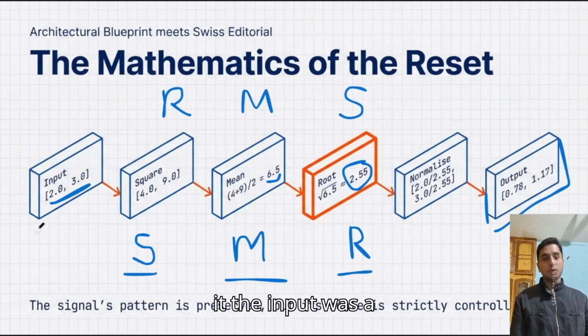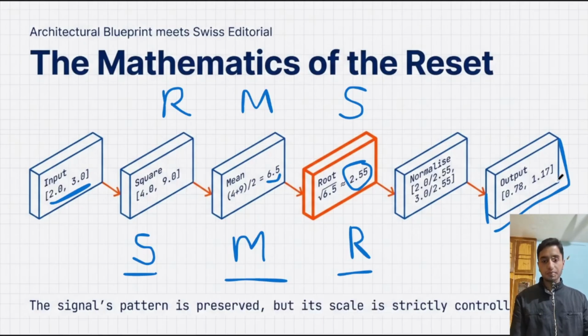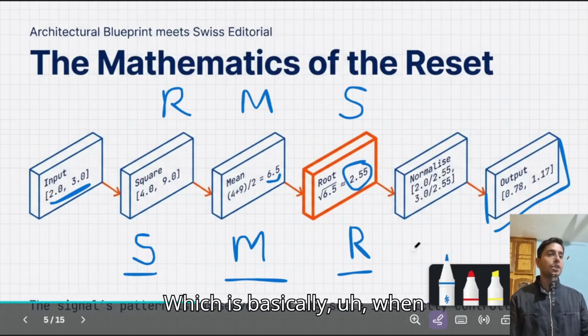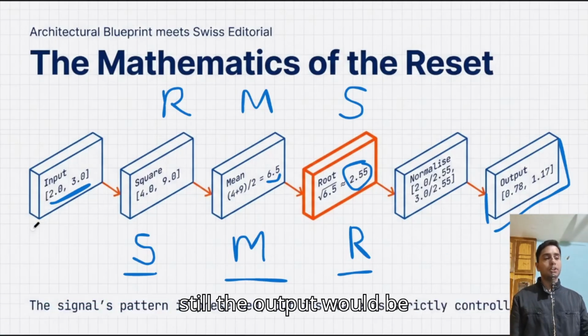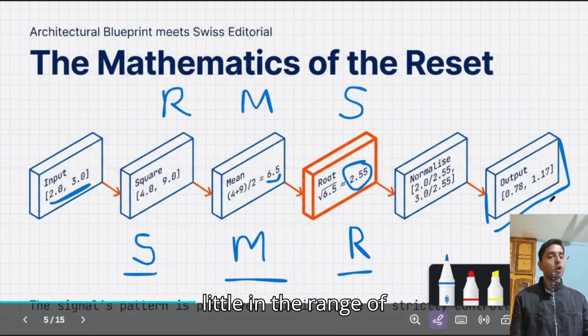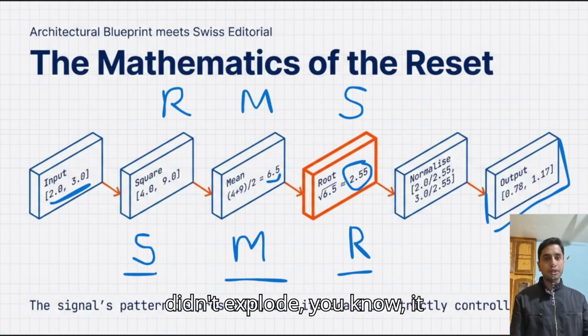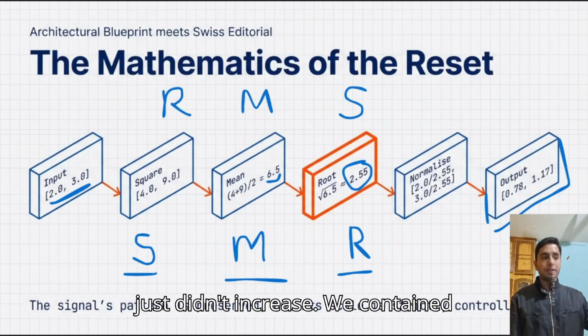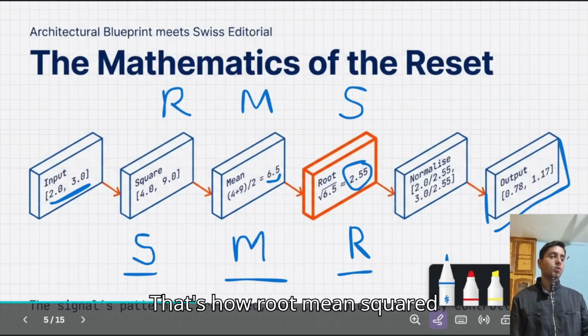Now notice, the input was a little bigger, but the output is much smaller, which means when we multiply with multiple layers, the output would still be in the range of the input. So it just didn't explode, it just didn't increase. We contained it in a certain limit. That's how root mean square normalization works.